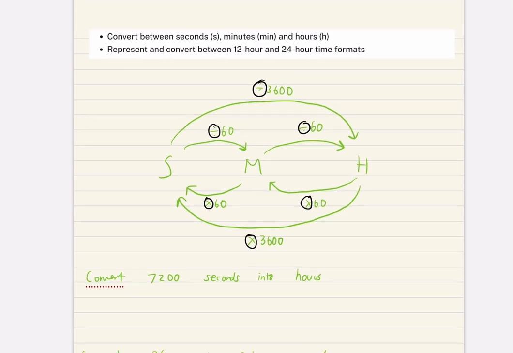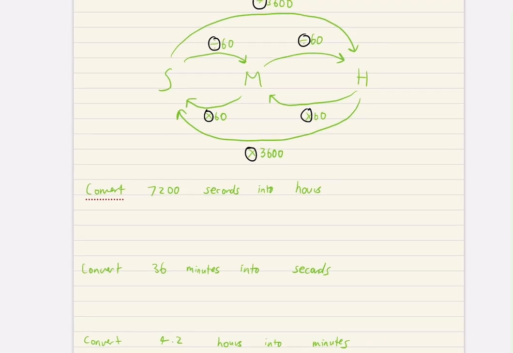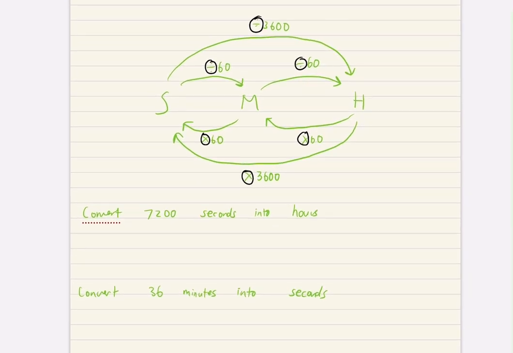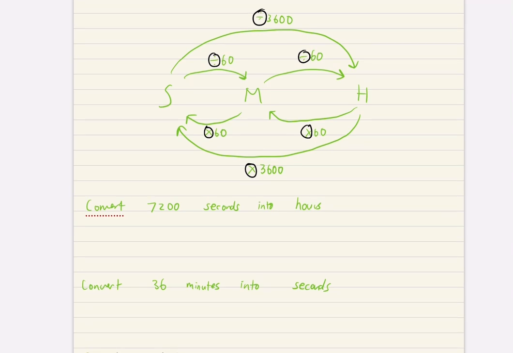So we're going to do a couple practice examples. The first one is 7,200 seconds into hours. So we're going from seconds to hours according to the flow chart. We divide by 3,600. So if I divide 7,200 seconds by 3,600, this will give me my result in hours. If we type that in our calculator, we're going to get 2 hours.